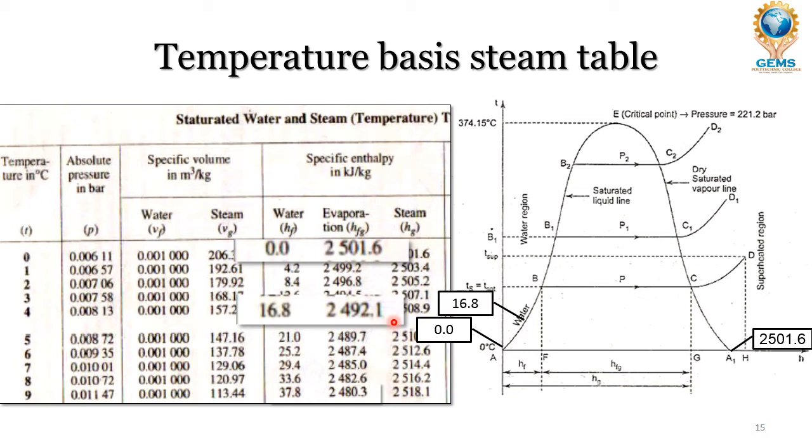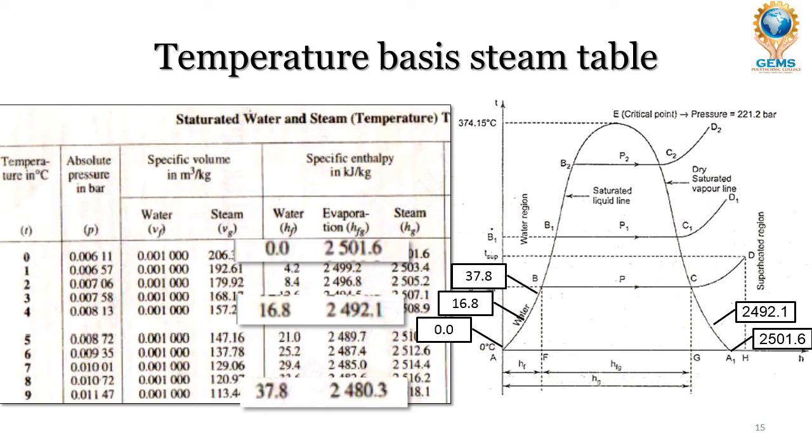The Hf value is slightly increasing while the Hfg value is decreasing. Why? Because Hfg represents Hg minus Hf, so when the Hf value increases, the Hfg value decreases. Next, for example, 37.8 and 2480.3, still moving up.